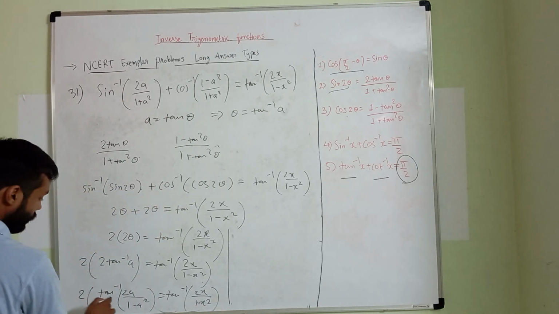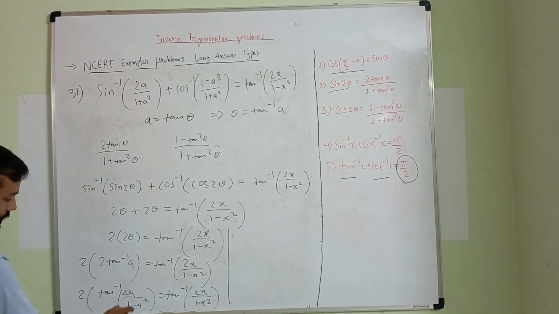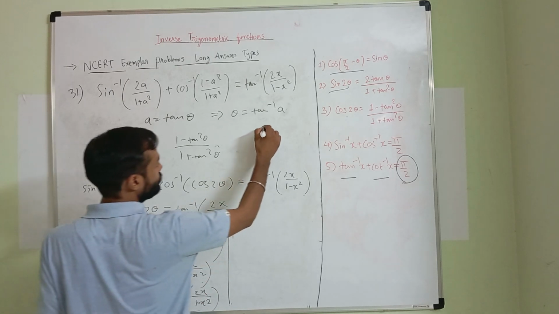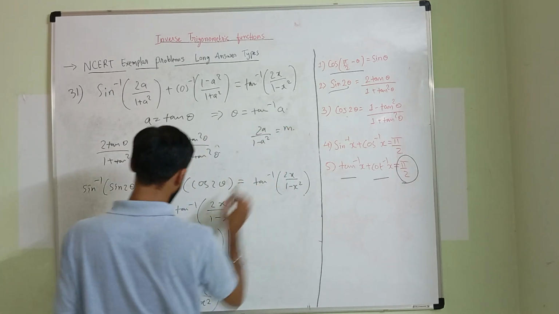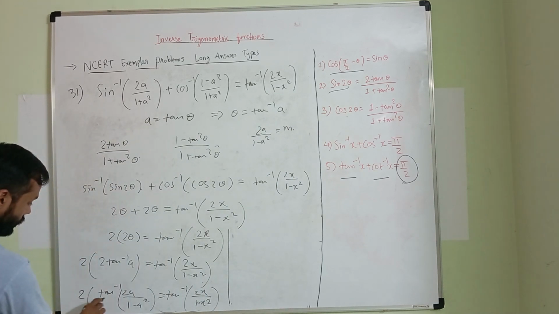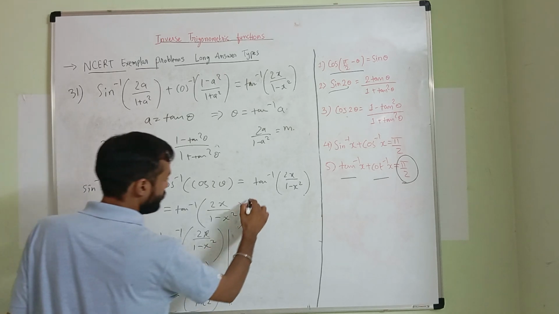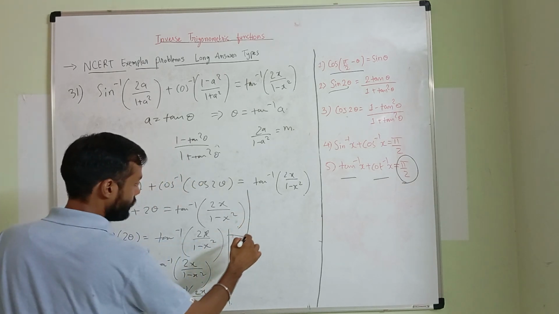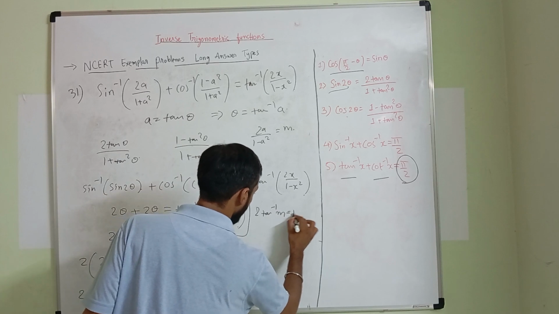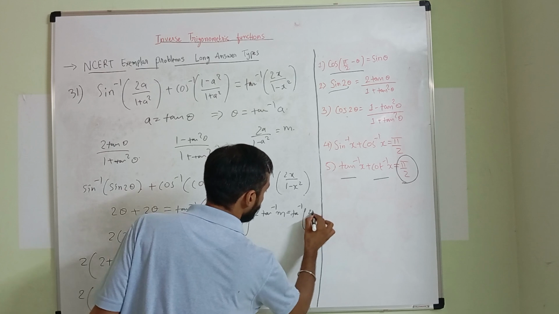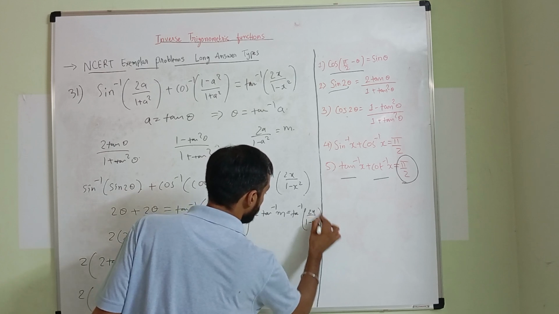Again, this is 2 into tan inverse of 2a upon 1 minus a square. So let us assume 2a upon 1 minus a square is equal to m. So this term will be 2 into tan inverse of m. Now it can be written as 2 tan inverse of m is equal to tan inverse of 2x upon 1 minus x square.